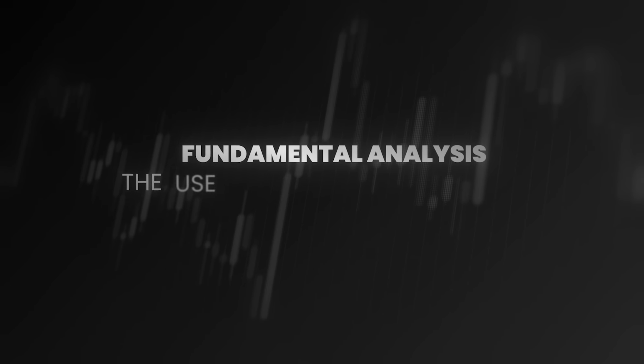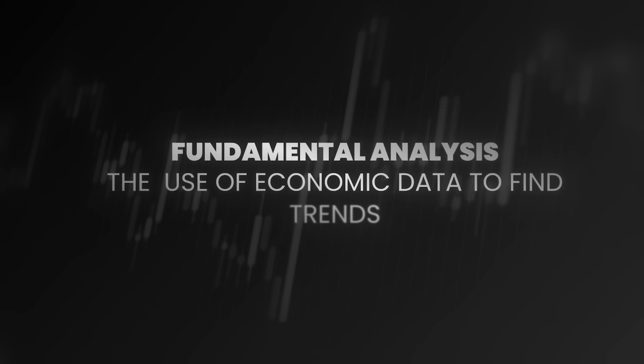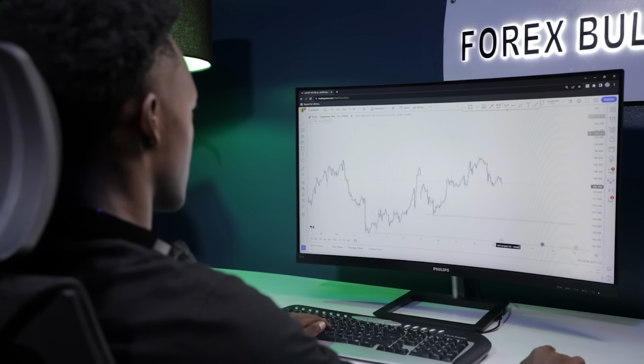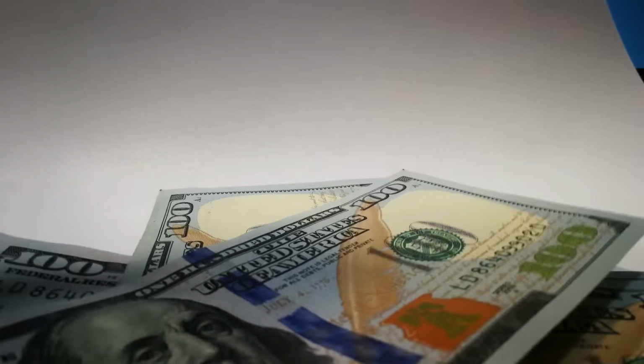Now, fundamental analysis is the use of economic data to find trades. Remember what we mentioned when we were talking about economic calendars and all that? When we are trading currencies, we are also dealing with economies of different countries. Now, this is going to affect how the price behaves. I'll give you an example that I just mentioned earlier on.